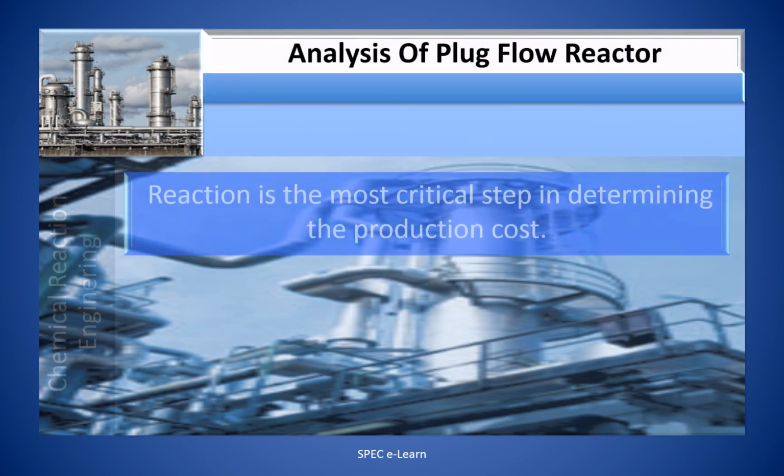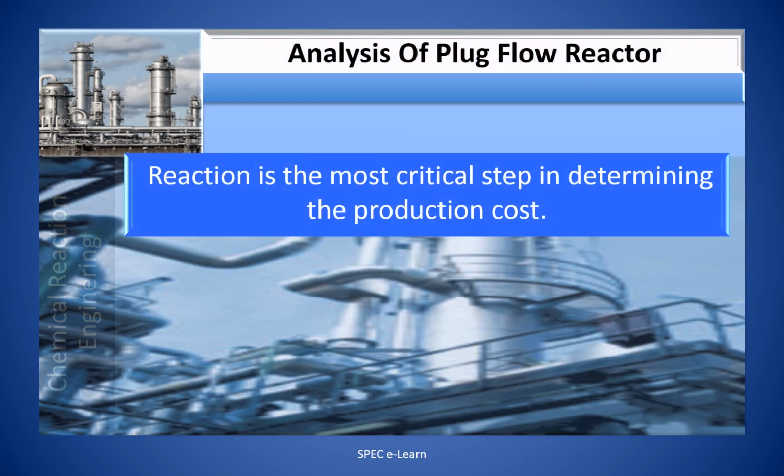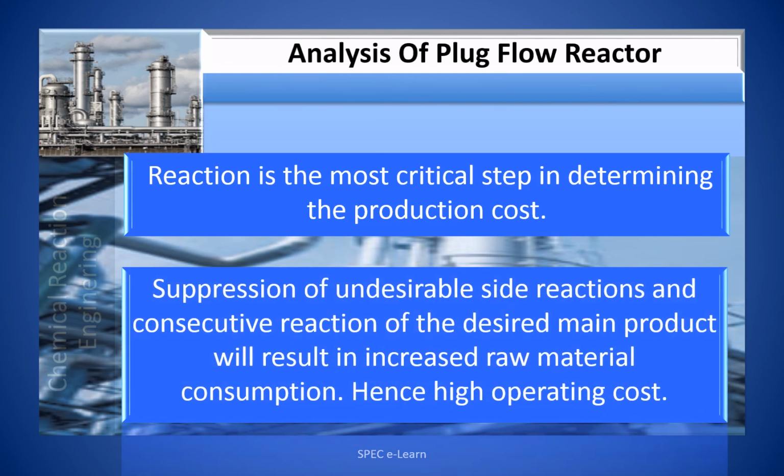Reaction is the most critical step in determining the production cost. Failure to suppress undesirable side reactions and consecutive reactions of the desired main product will result in increased raw material consumption, hence high operating cost.